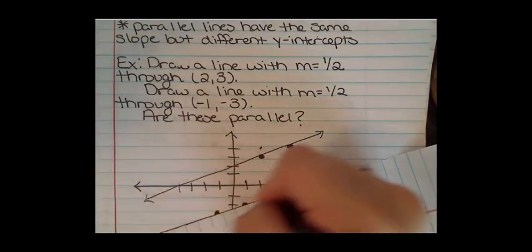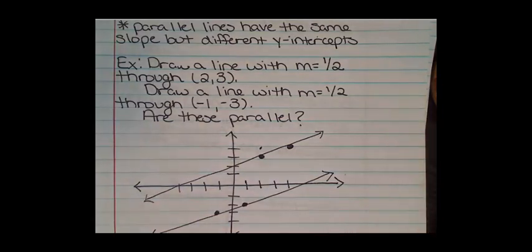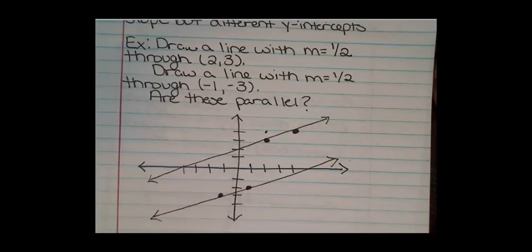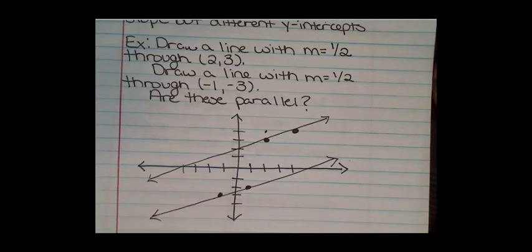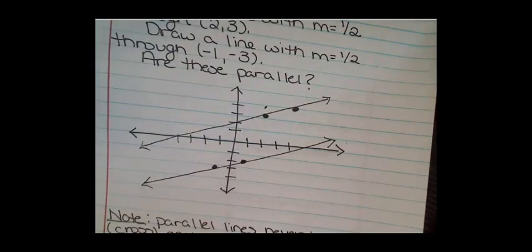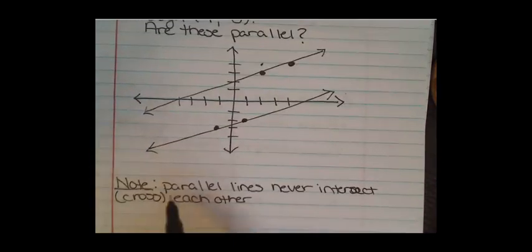So are those lines parallel? Yeah, they're a little shaky, but hopefully you can see that they're parallel. They lie right next to each other, and the thing with parallel lines, besides the point that they have the same slope, is that parallel lines will never intersect. They will never cross each other.